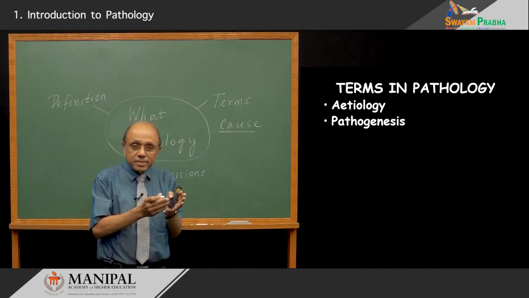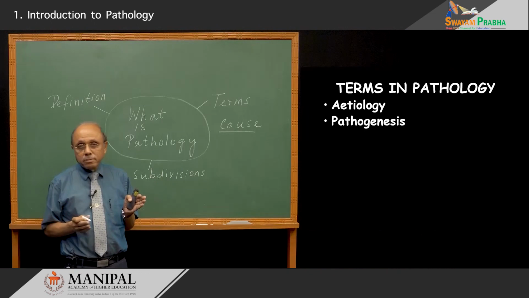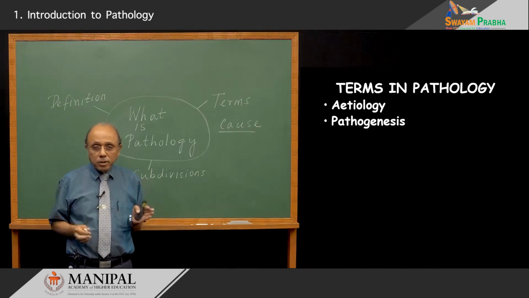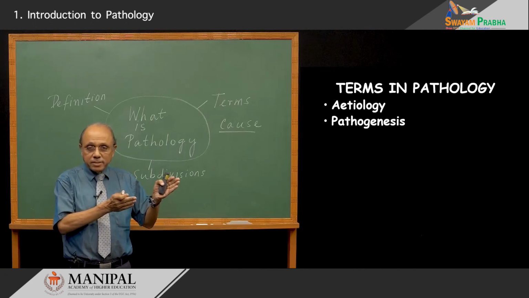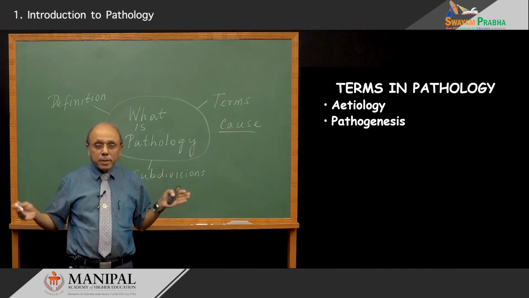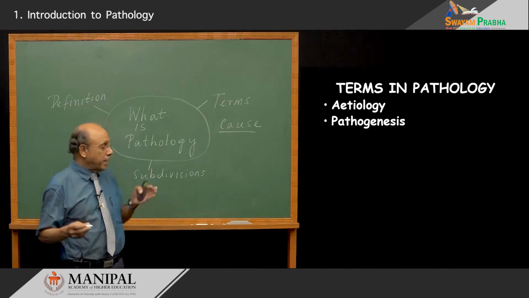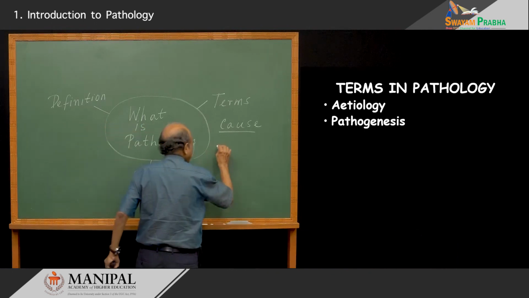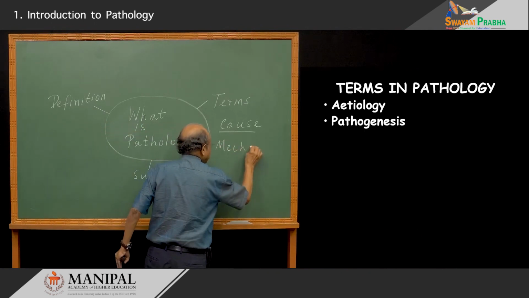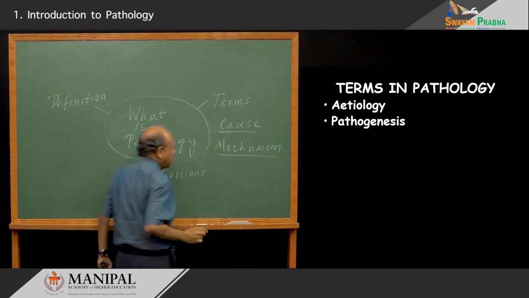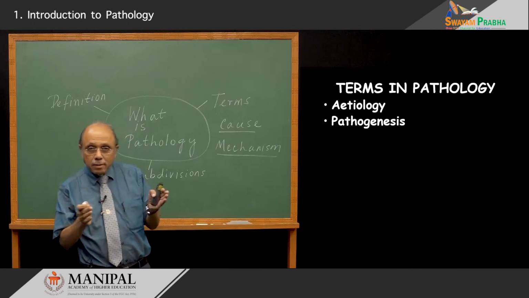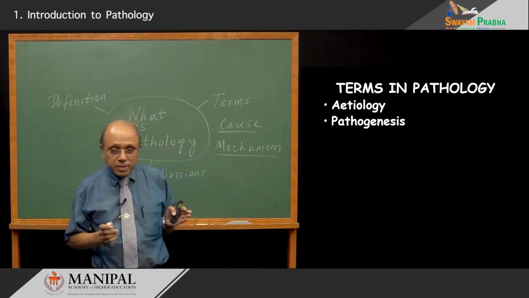The second term that is commonly used in pathology is pathogenesis. Genesis means evolution, the evolution of the pathologic process, the progression from the initial stages to the later stages is pathogenesis. So, the mechanism of disease progression is pathogenesis.